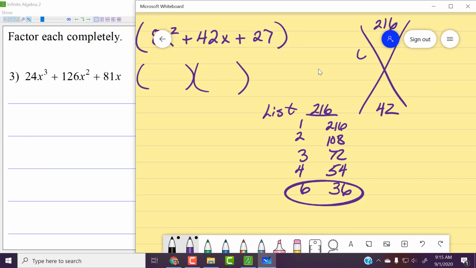So your options are 6 and 36, that when you multiply, you get 216, and when you add, you get positive 42. So now I'm going back to the A term, which was 8, and I'm going to reduce the fractions. Let's see, 4 goes in there.